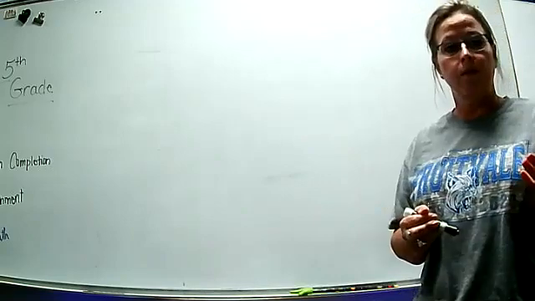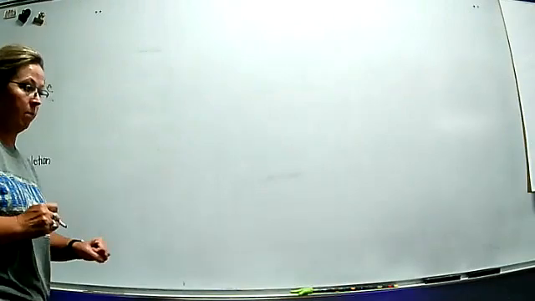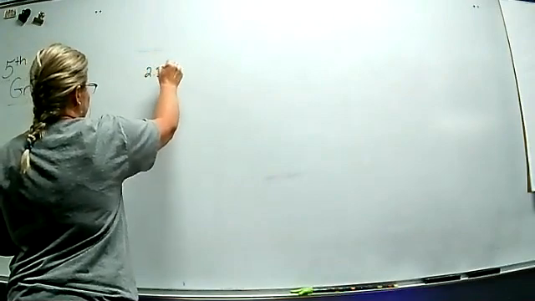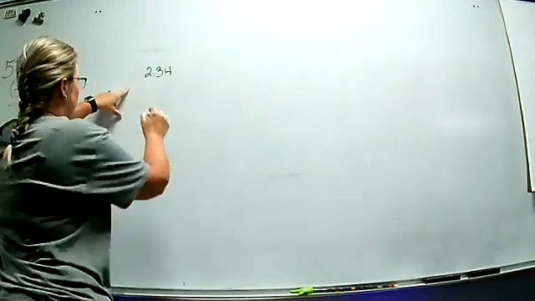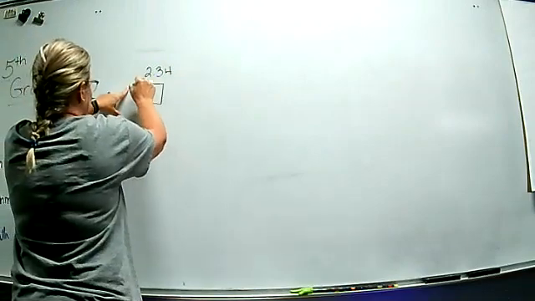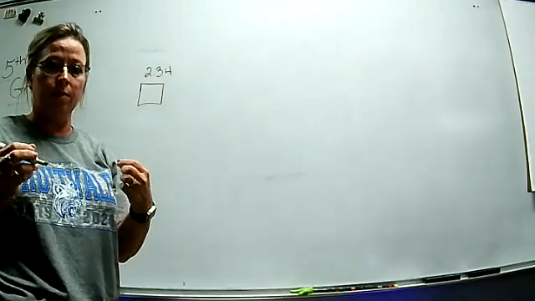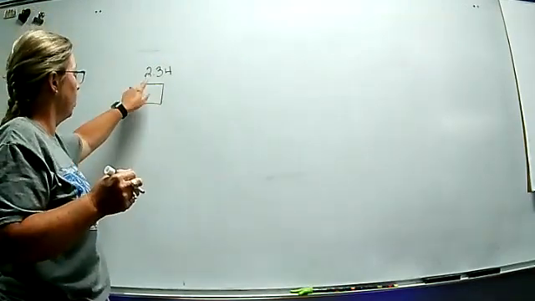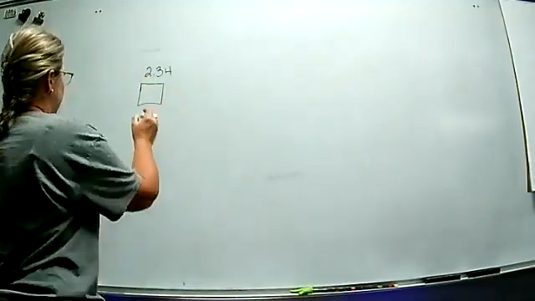So to begin this, we have to think about the base 10 model of a decimal. So if we have the number 2.34, this is 2 whole. So we could use a hundreds block. 100 cubes is equal to 1 whole if all 100 cubes are shaded.